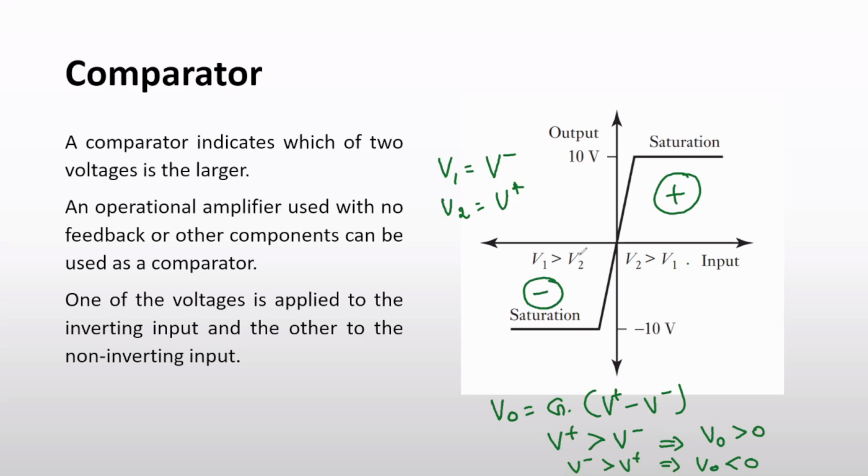So by using the op-amp, we can compare the voltages of two points. This is how we can use it as a comparator.